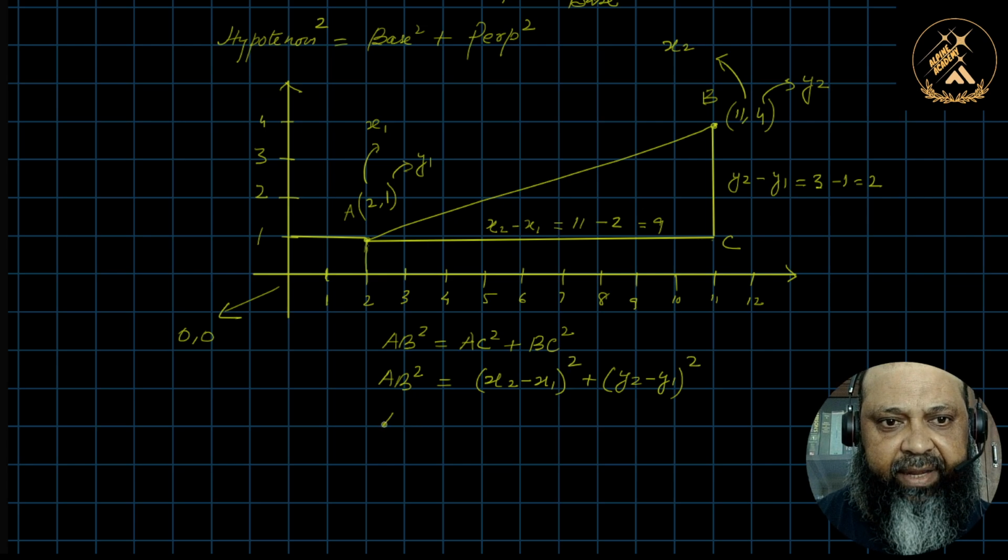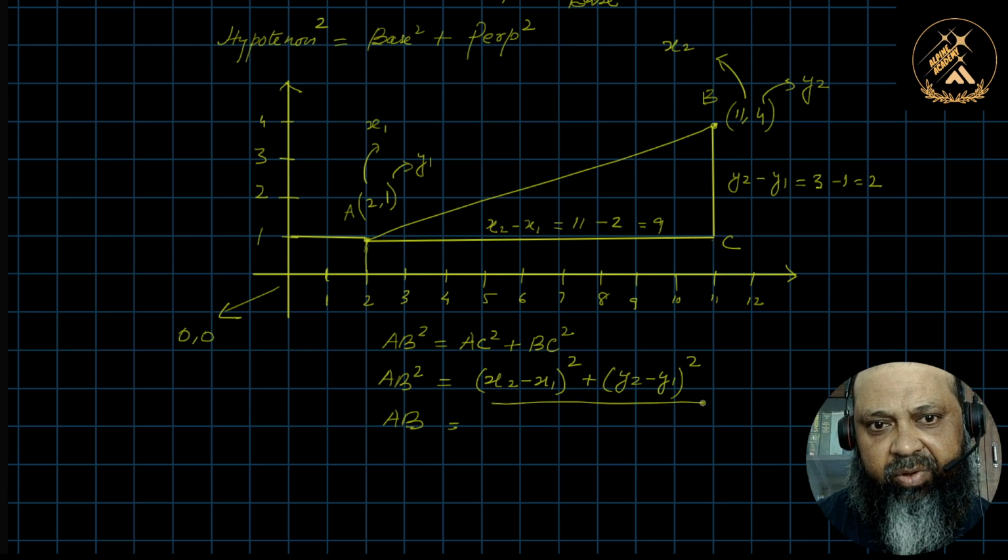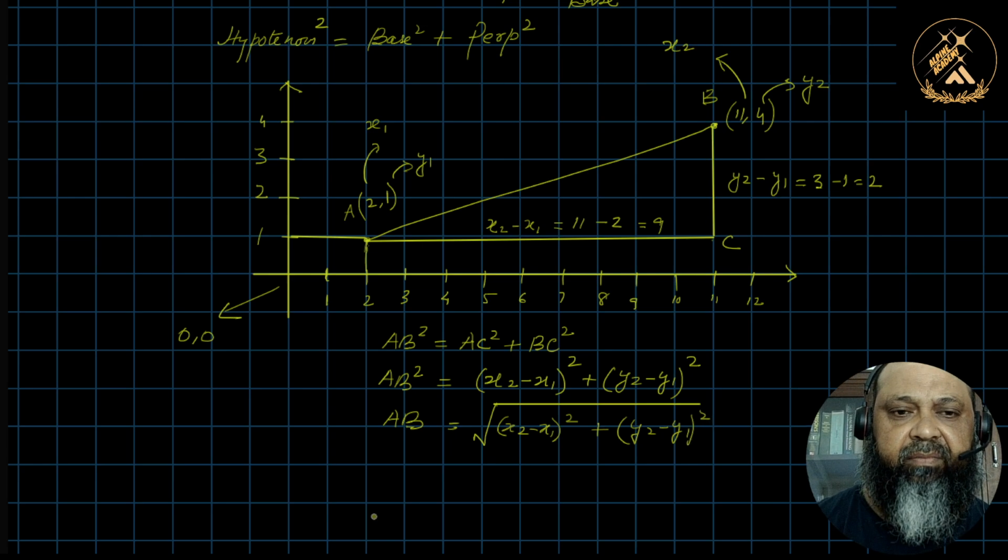If I want to find out AB, I need to remove that square. I'll take it to the other side, so it will come as a whole root over here. You can see that it is the whole square root of x2 minus x1 whole square plus y2 minus y1 whole square. All right.